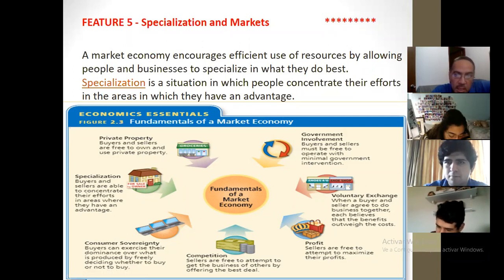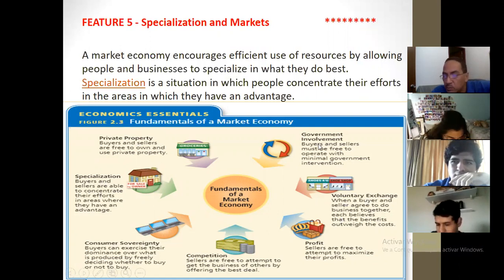They always are present in a market economy: private property, specialization, consumer sovereignty, competition, profit, voluntary exchange, and government involvement is limited. Like it says over here, minimal government intervention, okay? So that's the first part.